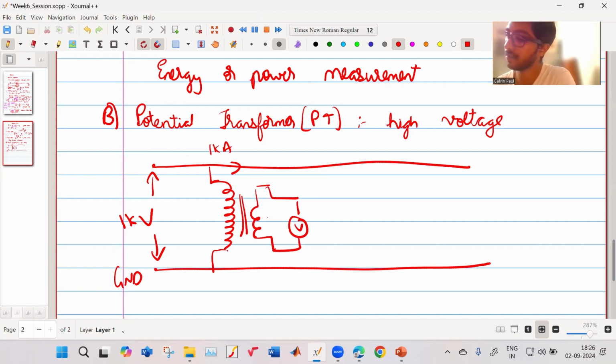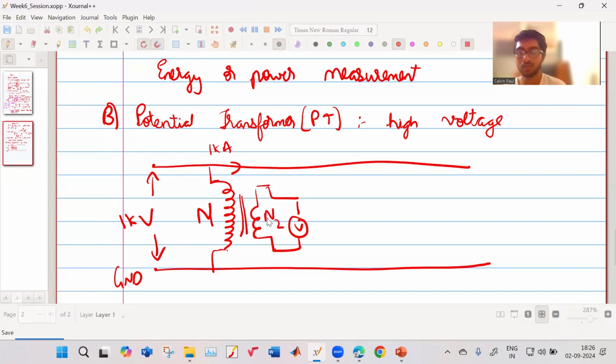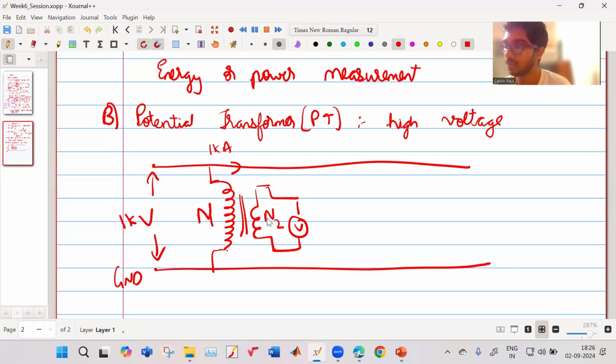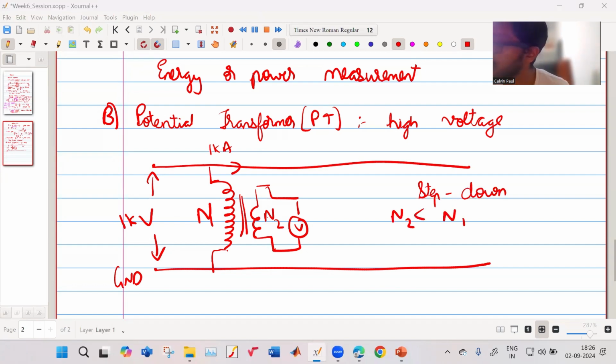Okay. So this will give the reading. And this will, let us say, be N1. This say N2. So for a potential transformer, do we require a step up transformer or step down transformer? Step down. So we require a step down transformer. That would mean my N2 should be less than N1.